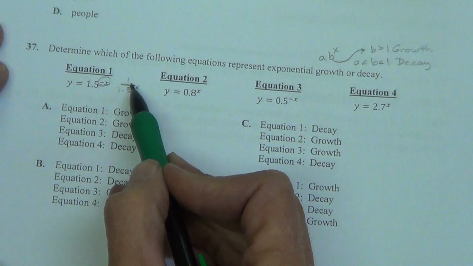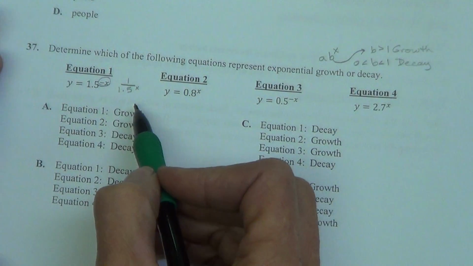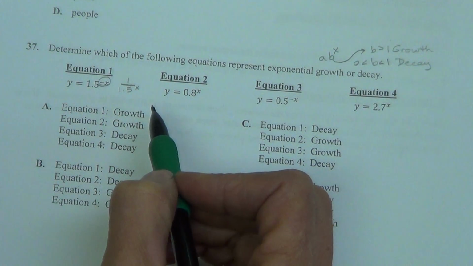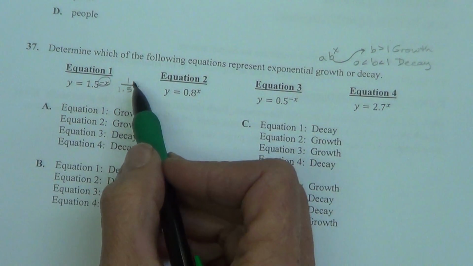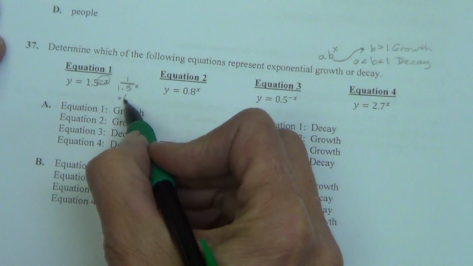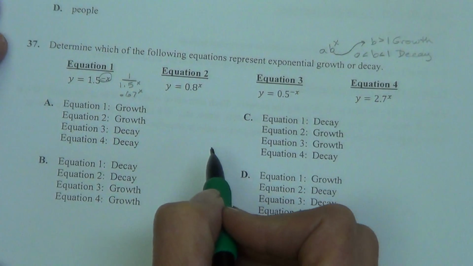If you divide 1 by 1.5, another way to look at that is I multiply both by 2, so it's 2 divided by 3. You would come out with about 0.67 to the x. That is less than 1.